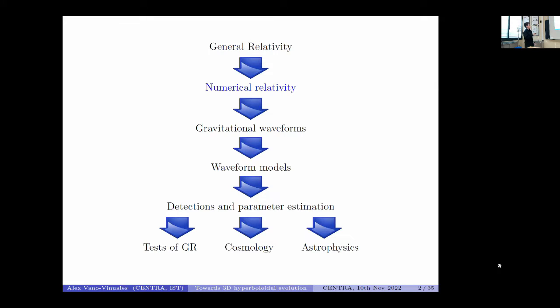This talk is going to be related to the part here, numerical relativity, where we take the Einstein equations from general relativity, discretize them and solve them numerically on supercomputers so that we can obtain gravitational waveforms, make waveform models, and then use those to compare to the data that comes from the gravitational wave interferometers. And using this analysis, we can understand if GR is correct or not, and learn implications about cosmology and astrophysics.